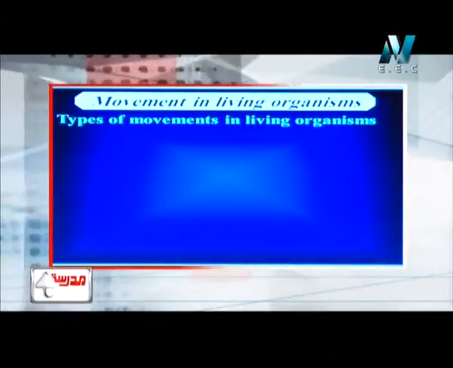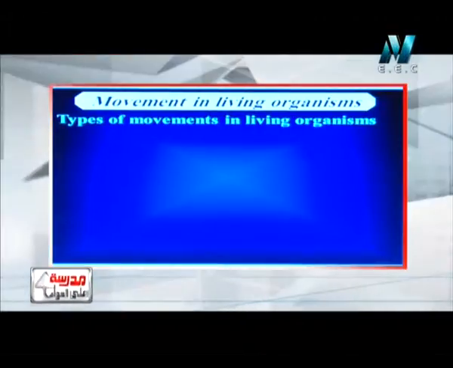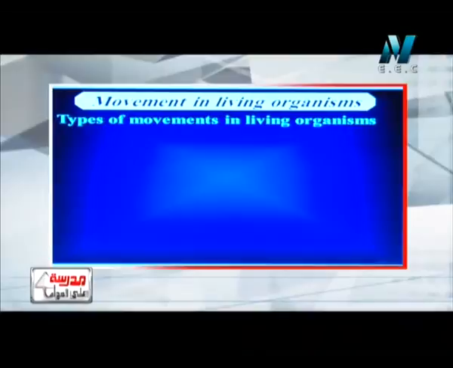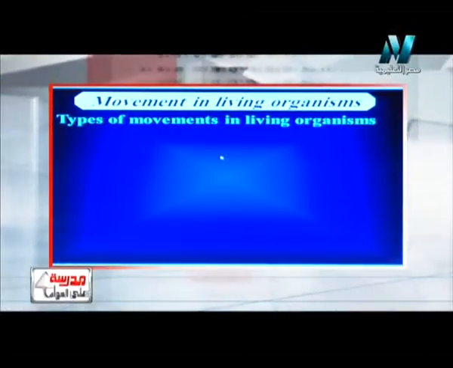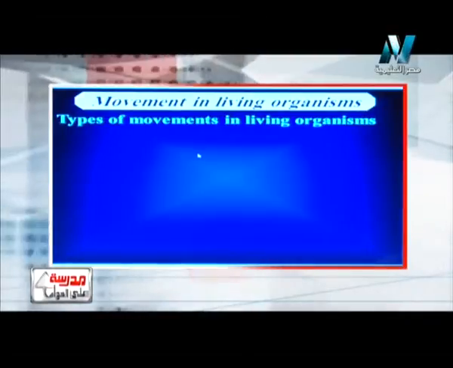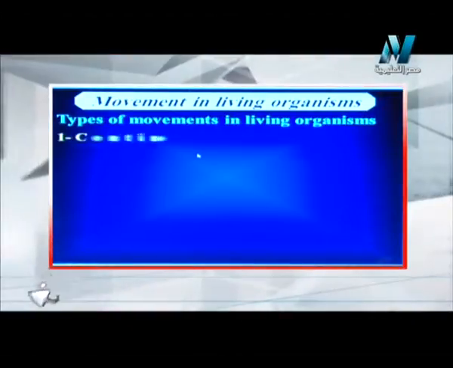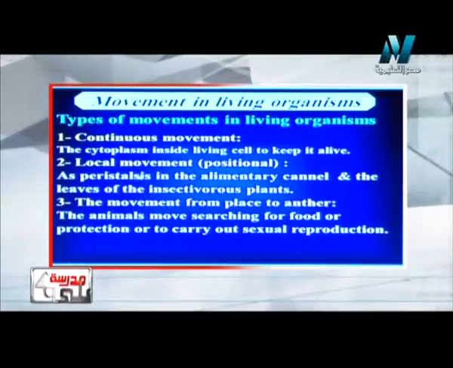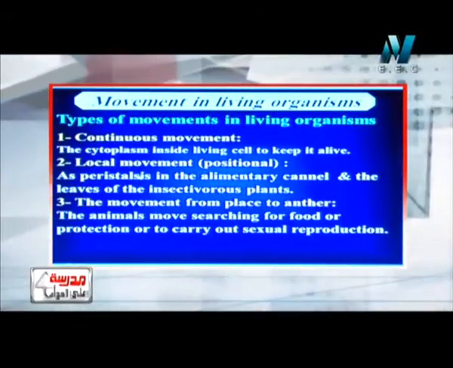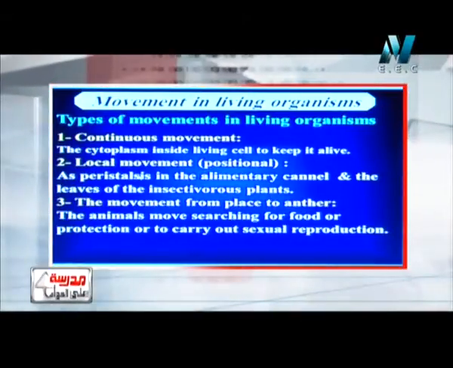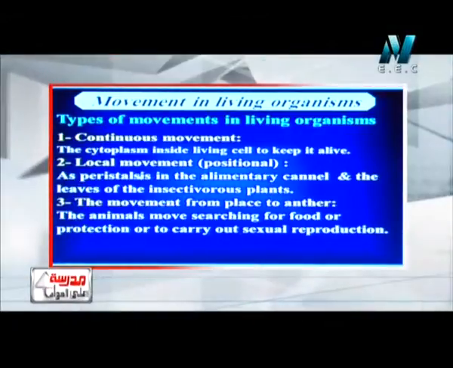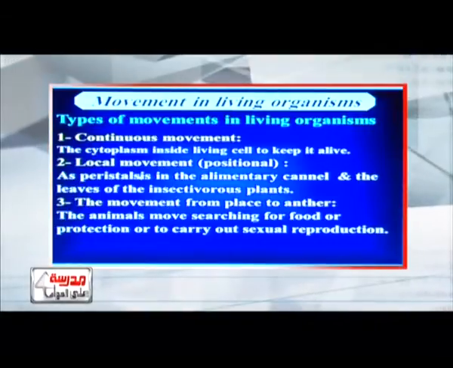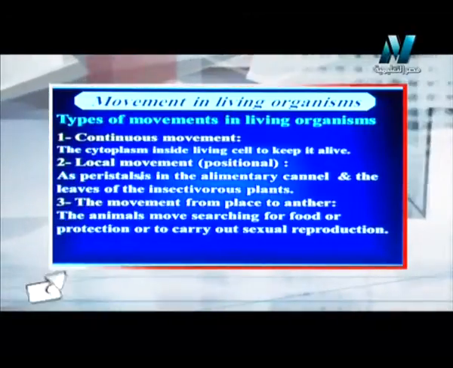But movement in living organisms is the second part of chapter 1. What about the types of movement in living organisms? There are 3 types of movement. Continuous movement, as that of the cytoplasm inside the living cells to keep it alive. Local or positional movement, like peristalsis in the alimentary canal or the leaves of insectivorous plants.